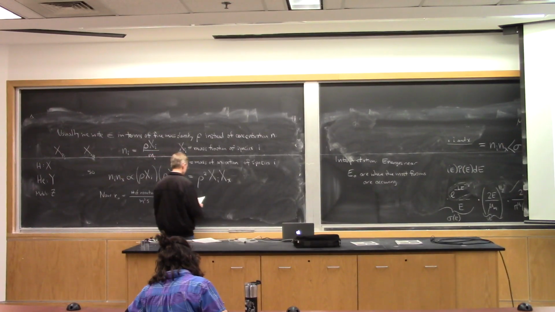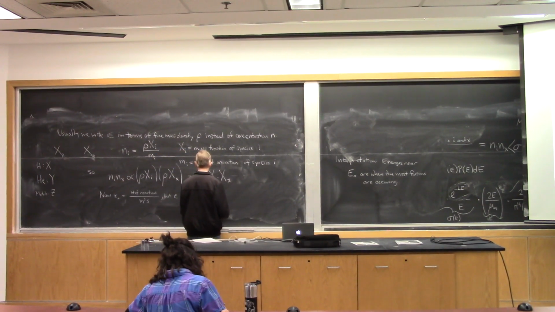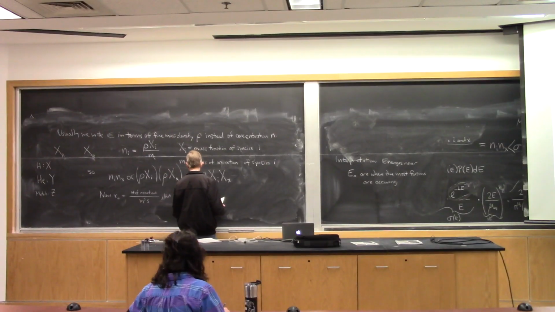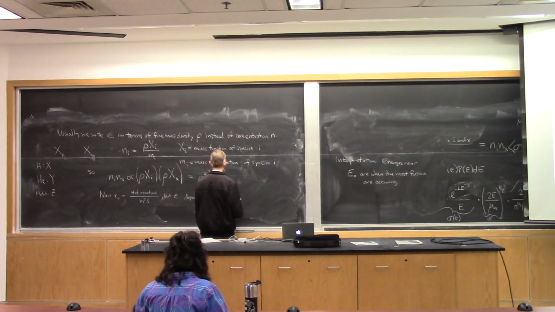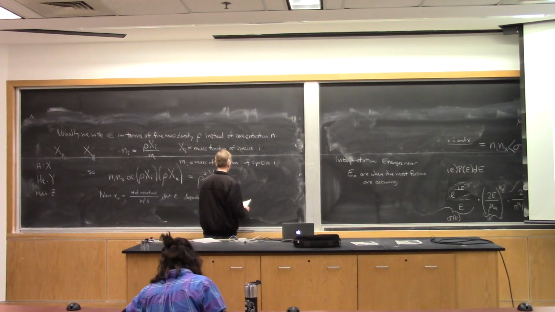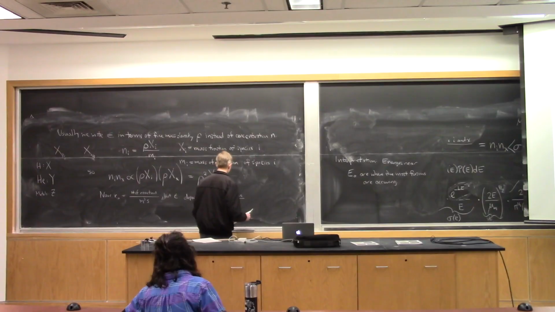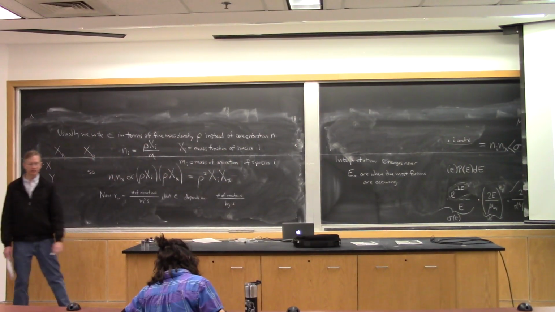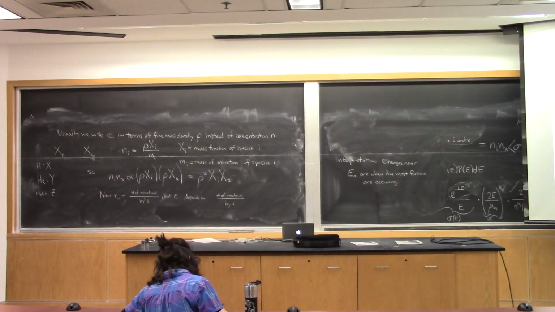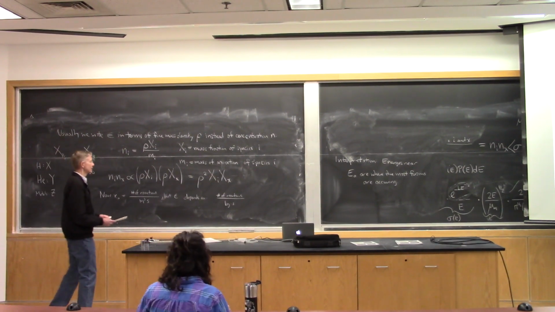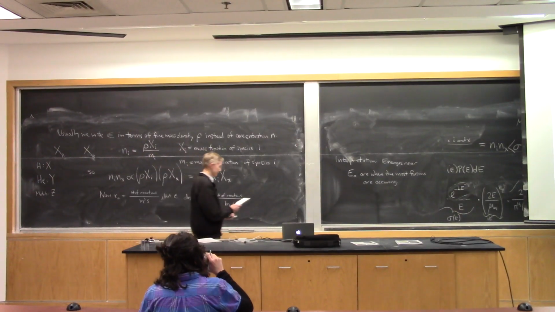But epsilon depends on, it's proportional to the number of reactions per kilogram per second. We multiply that by how much energy comes out of each reaction to get epsilon. So reactions per kilogram per second times energy per reaction would give us epsilon. So epsilon depends on the number of reactions per kilogram per second.